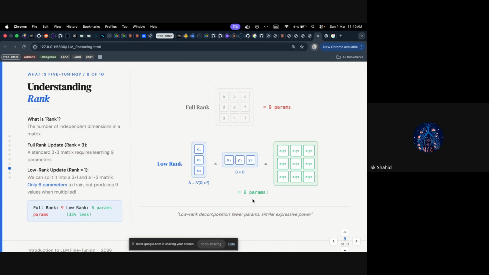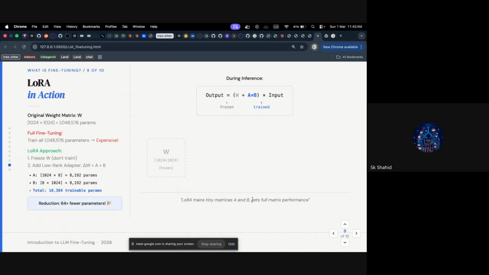Now the ranks are updated, and the gradients are updated based on these initial parameters. We train the A matrix and B matrix, update the gradients, and then later combine them with the frozen weights and we get an output model.